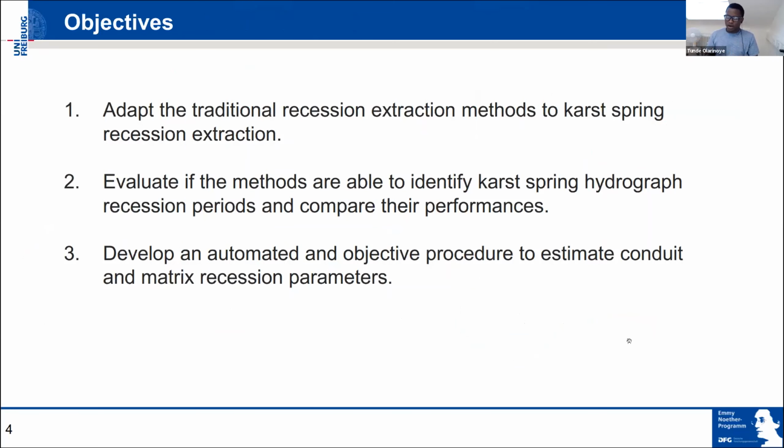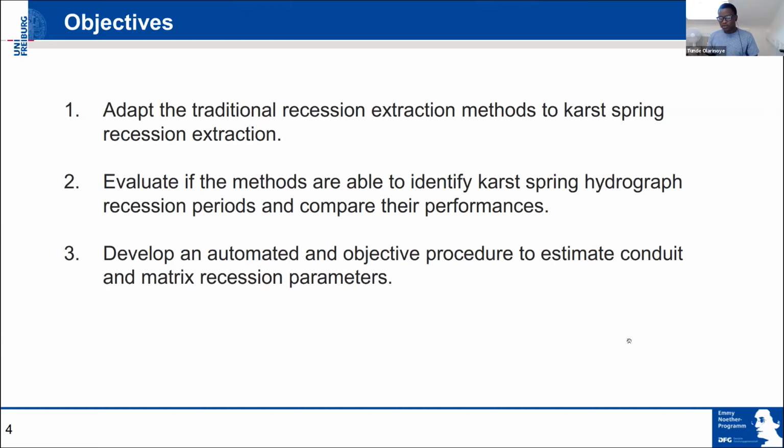So our major objective then, because, as I explained earlier, you fit the line manually and subjectively, is to use the range of recession extraction methods developed for stream flow recession, and see if they work for karst spring recession, and see if they will be able to identify the separate components of the karst recession, and compare their performances.